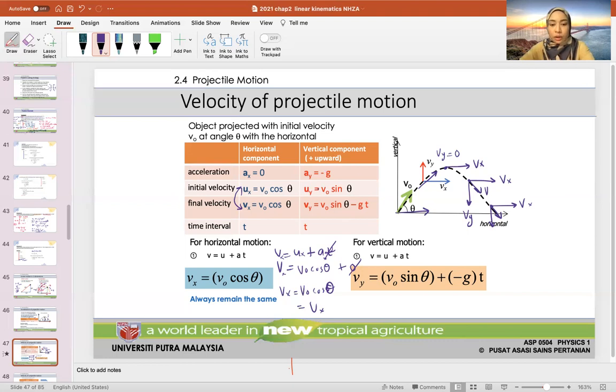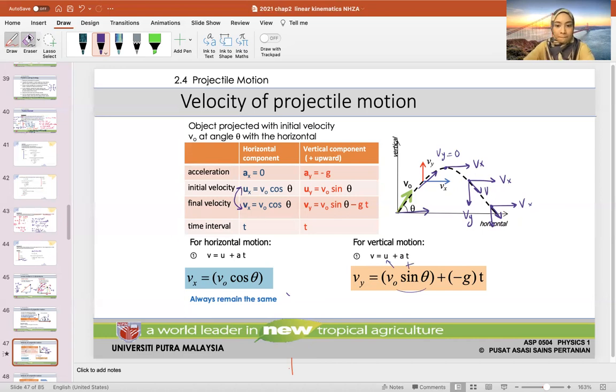So you started with uy equals V naught sine theta, and using the same linear kinematic equation, v equals u plus at, we use V naught sine theta as the u, the a is minus g, and t. So this guy, let's say it's positive, minus something, so it becomes smaller and smaller until it becomes zero here, and then it becomes negative, negative, negative.